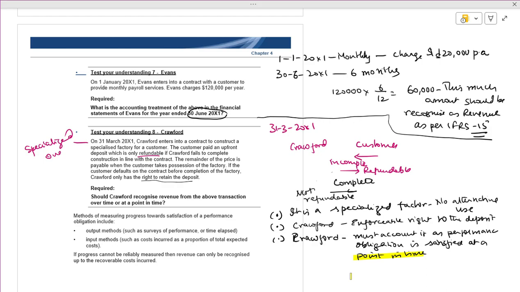Once the customer takes possession of the asset at the completion, possession of the factory, what will happen? Then revenue will most likely be recognized.